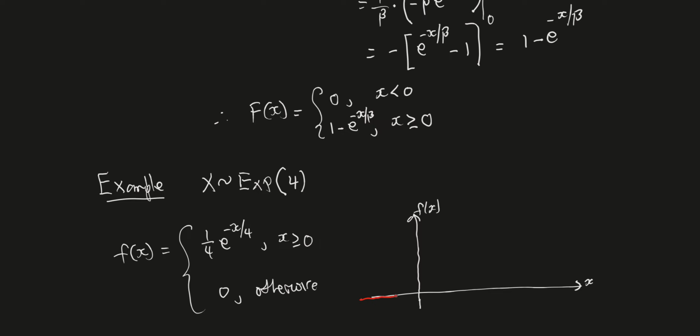So again, it's along here, no area, no probability. And then notice when I evaluate this function at 0, I'll have 1/4. So that means it actually jumps up. So let's say it starts from here. And then, if you think about the graph of your basic exponential function, with the negative coefficient of x, it's an exponential decaying function.